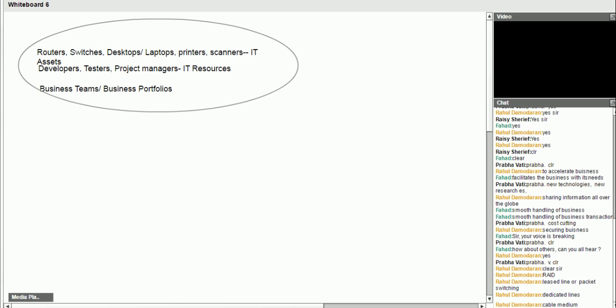So together, if we sum it all together, it forms a company or organization.